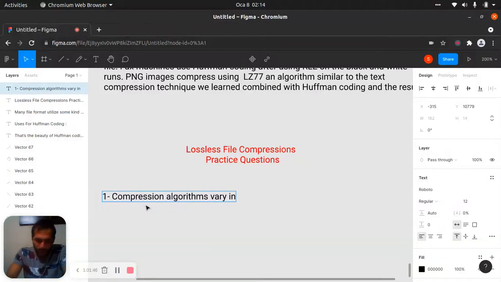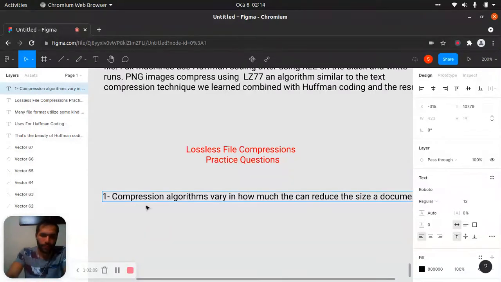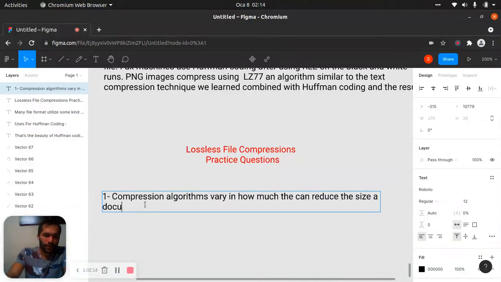Vary in how much they can reduce the size of a document. Yeah, it's like varying, right? Document.